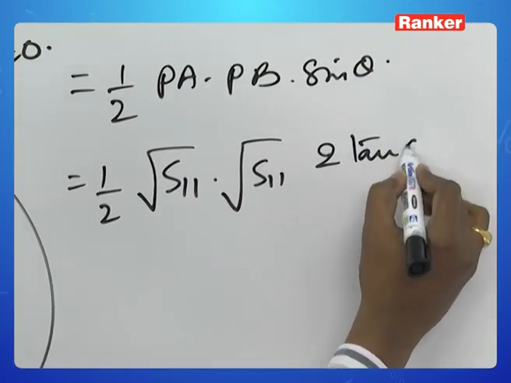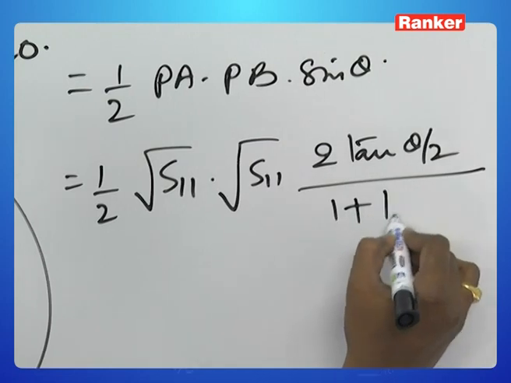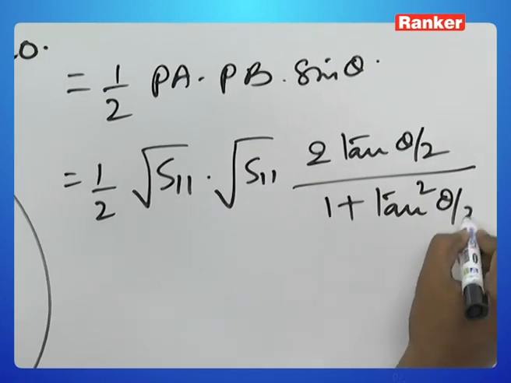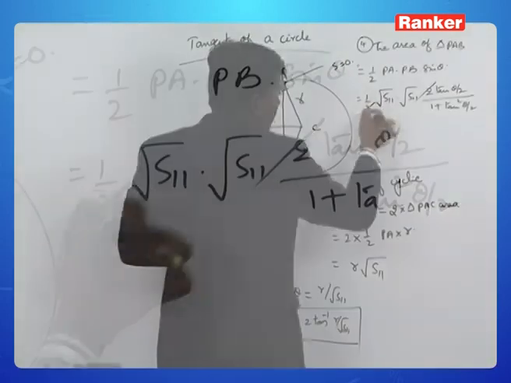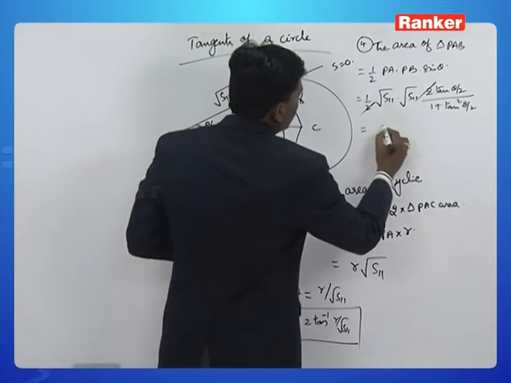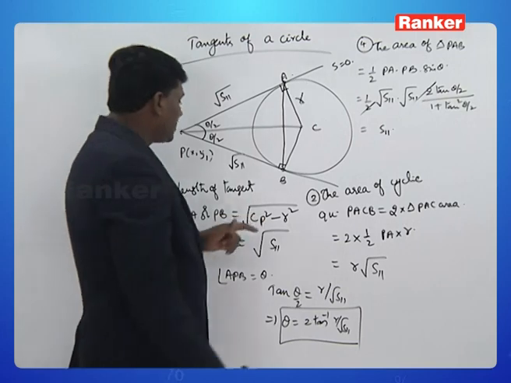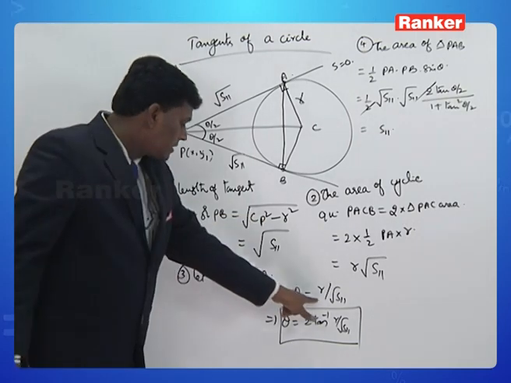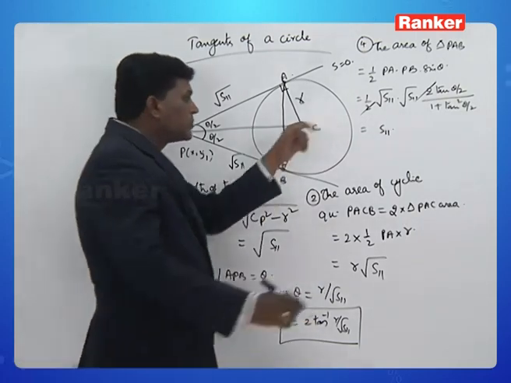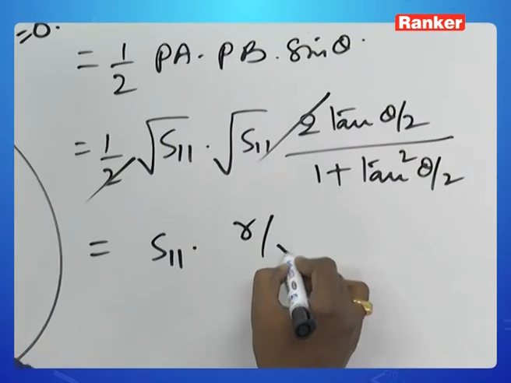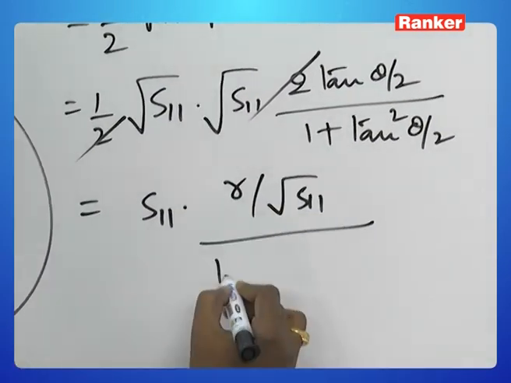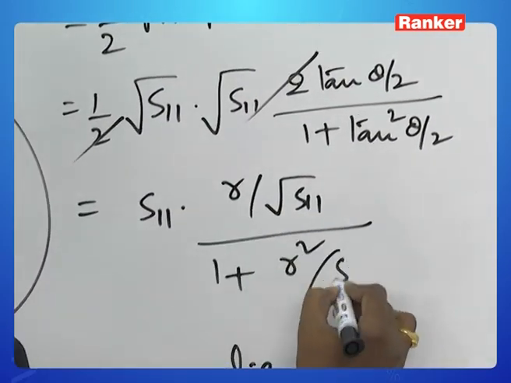We can use sine theta equals 2 tan theta by 2 over 1 plus tan square theta by 2. If we cancel this 2, you are getting S11 into tan theta by 2, which we already calculated in the third point here. Substituting in this, r by root S11 over 1 plus r square by S11.